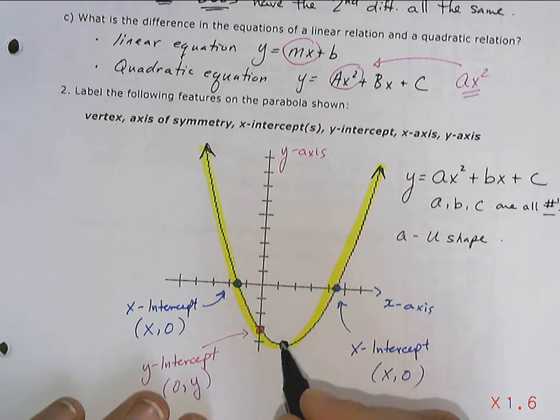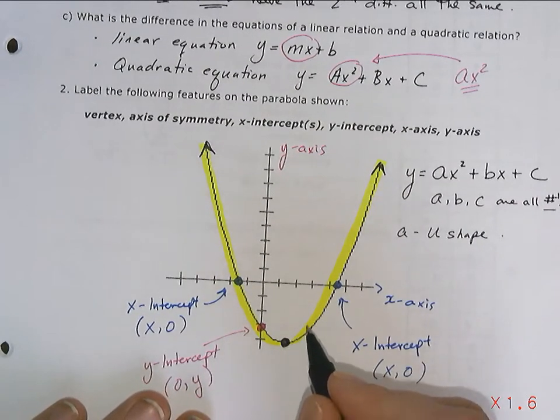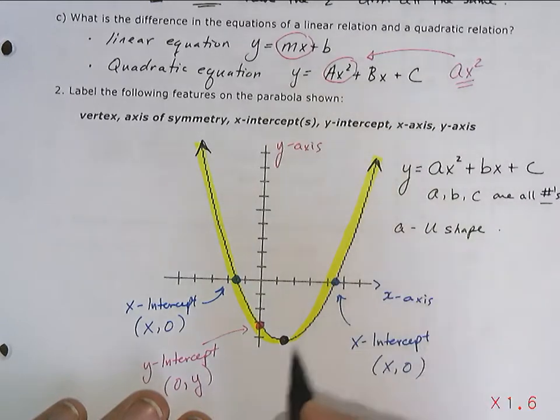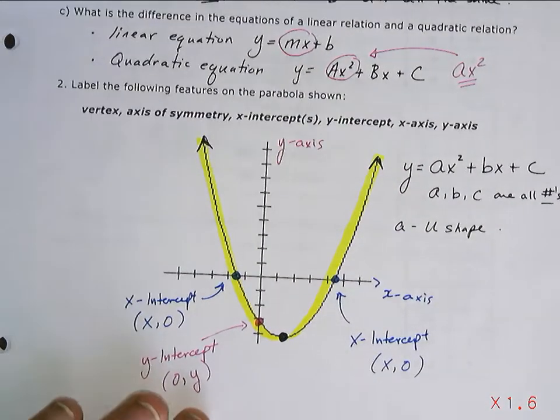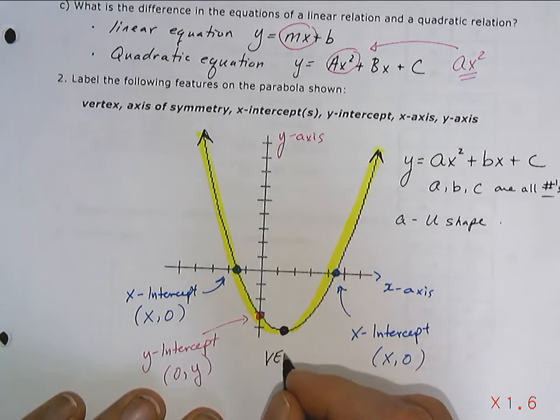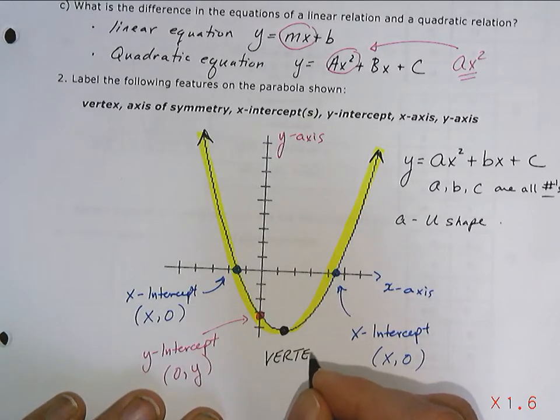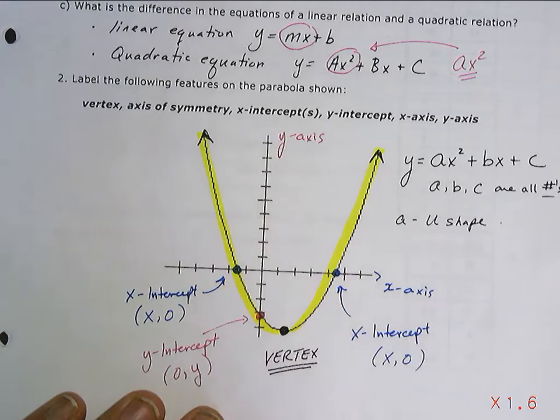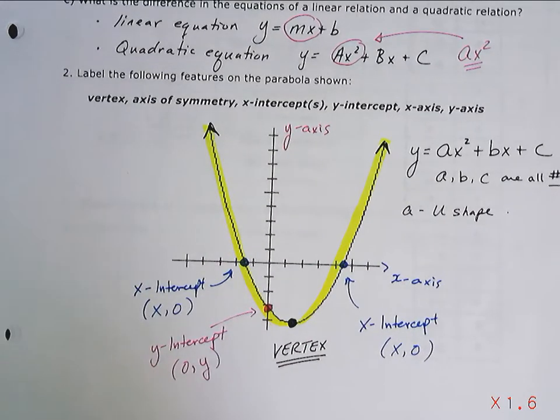Then all of a sudden it changes direction and starts going up, up, up. This point where it changes direction is very, very important. And we call that the vertex. That's the vertex, and it's the place where it changes direction.